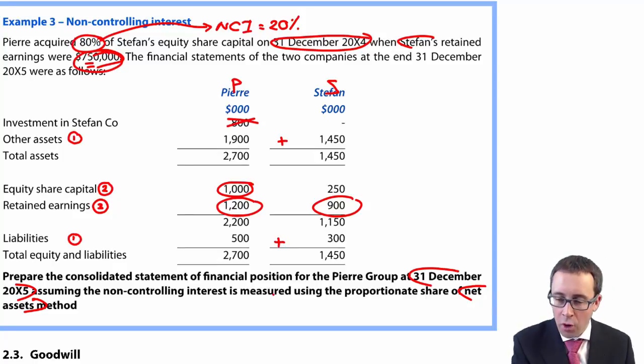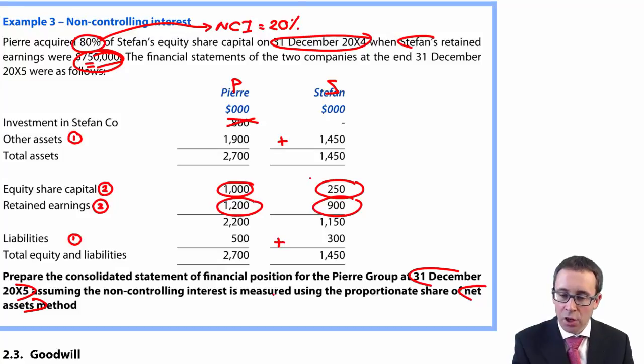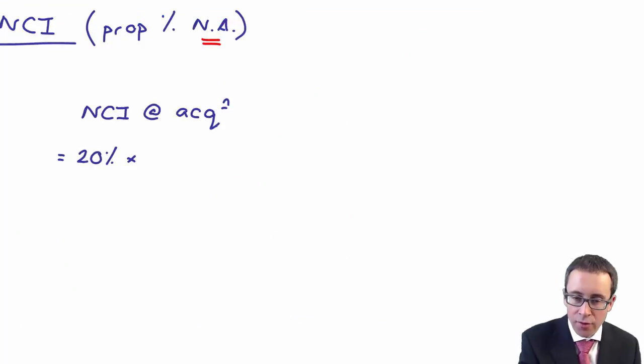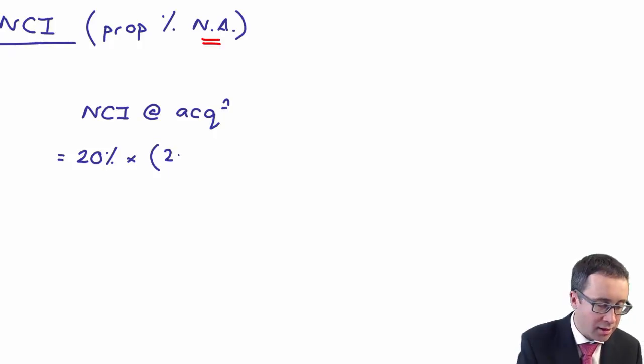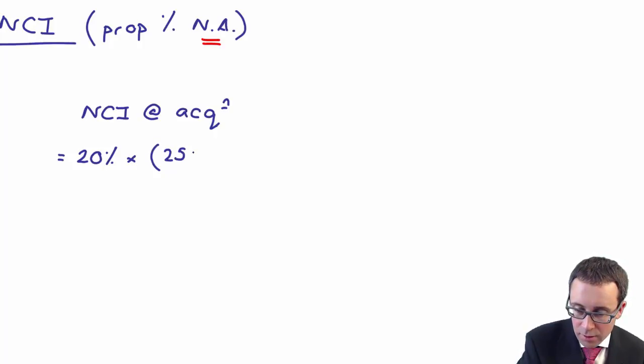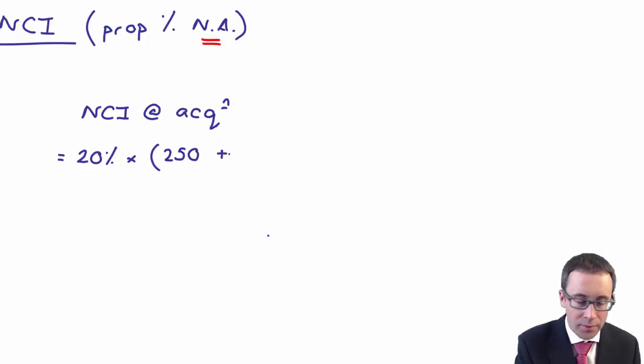Okay. We just said a moment ago that the share capital remained unchanged. And if you take share capital plus retained earnings, using the accounting equation, that equals your net assets, doesn't it? Remember, share capital plus retained earnings is equal to your assets less your liabilities, isn't it? It is. Okay. So what we've got there is we can go through there and take the share capital, which was, I think, 250. So even though that's at the end of the year, it never changes, so it'll be the same at acquisition.